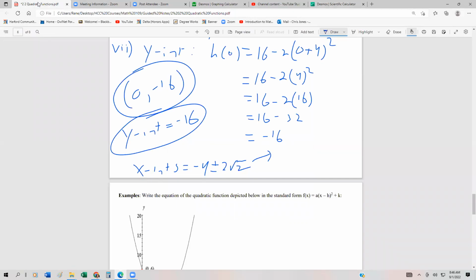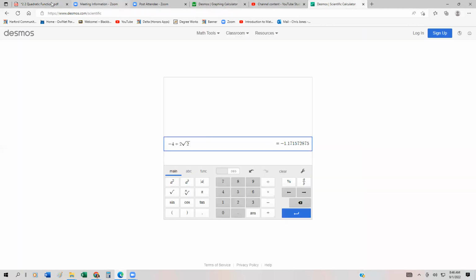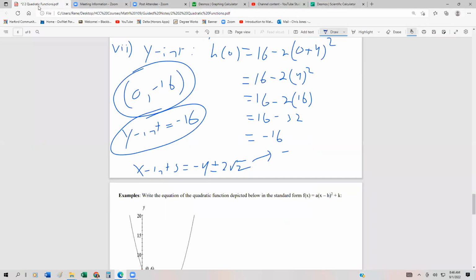Okay, so one of the intercepts is -1.2. Okay, going right back here. That's going to be 0, -1.2. And then the other one, I'm sorry, it should be -1.2, 0. Excuse me. I'm flipping everything around. All right.